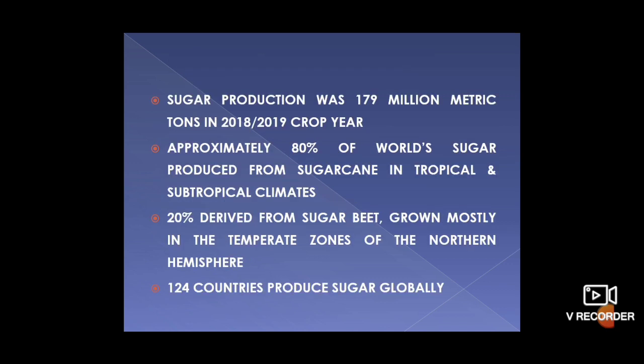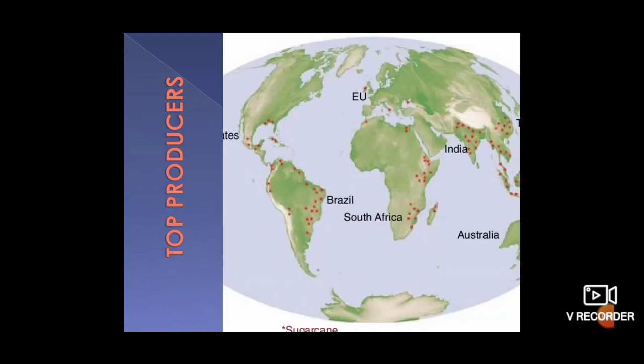The Asian and the South American nations together account for 80% of the total production out of 179 million metric tons of sugarcane produced in 2018-19 crop year. The remaining 20% is derived from the sugar beet that is grown mostly in the temperate zones of the northern hemisphere. Altogether, 124 countries of the world are engaged in global sugar cultivation.